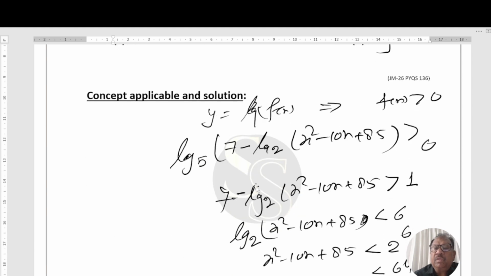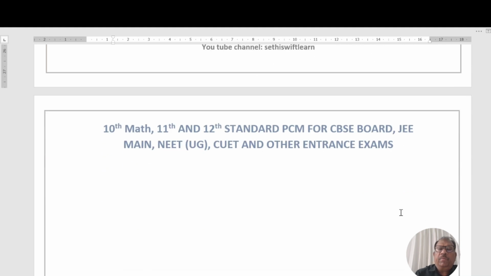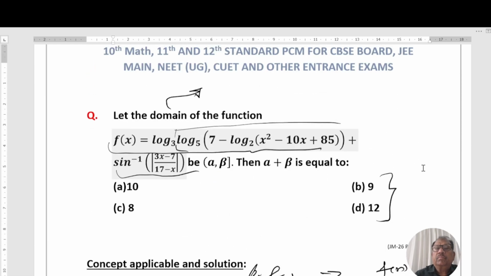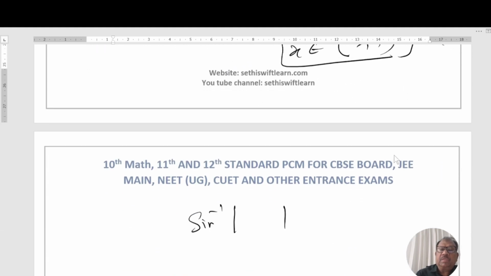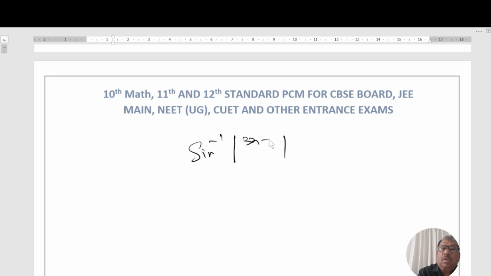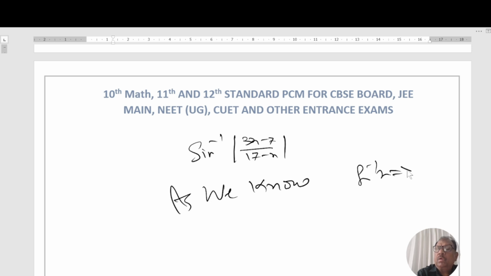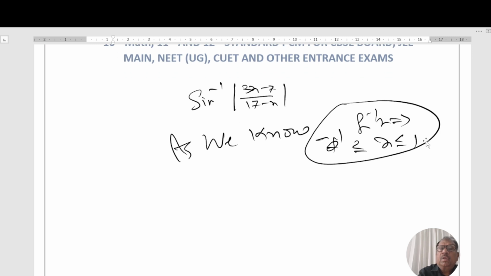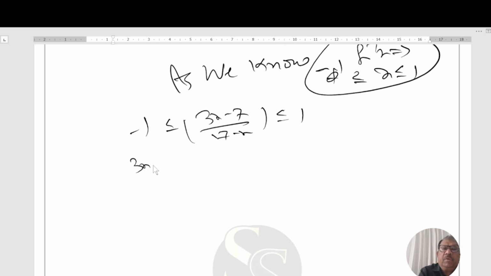Now we have to find the domain of sine inverse of (3x minus 7) upon (17 minus x). As we know, the domain of sine inverse x is x less than or equal to 1 and greater than or equal to minus 1.